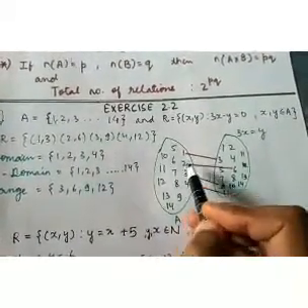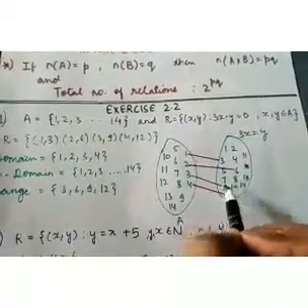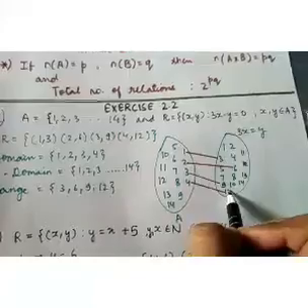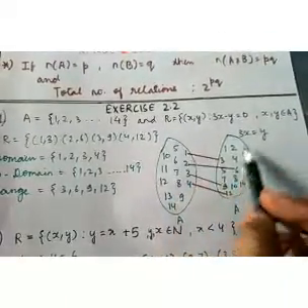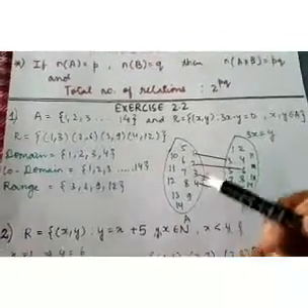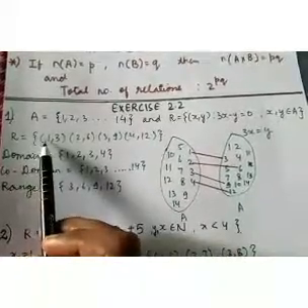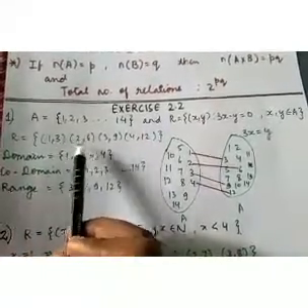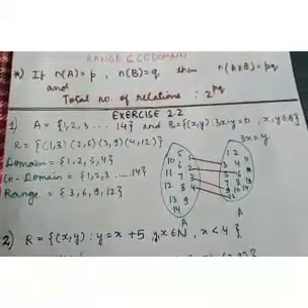When x is 2, y will be 6. When x is 3, y is 9. And when x is 4, y is 12. Now we can take x as 5, but then y will come out to be 15, which is not in the set. So only these ordered pairs we have got. Therefore the relation R consists of all those ordered pairs (1, 3), (2, 6), (3, 9) and (4, 12).